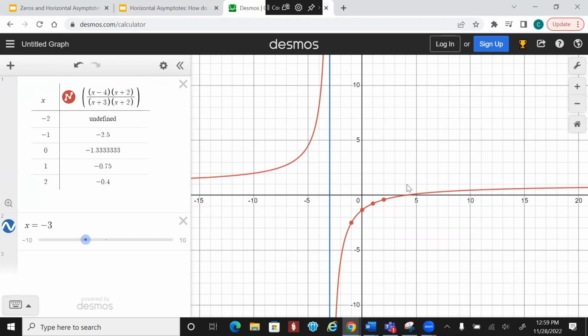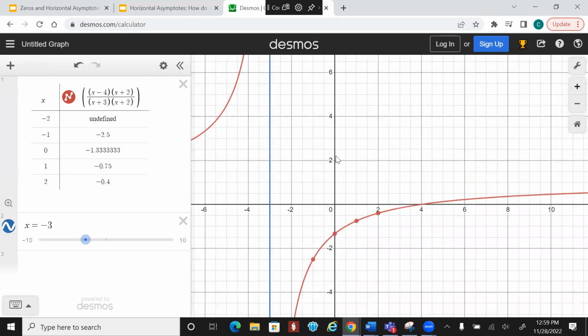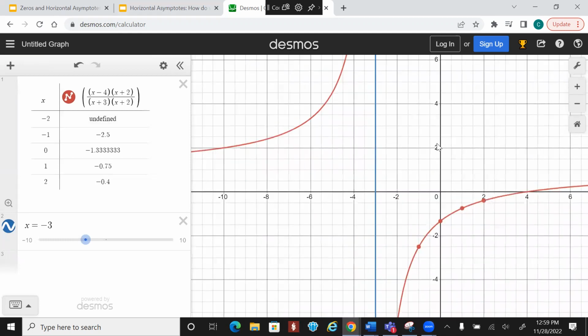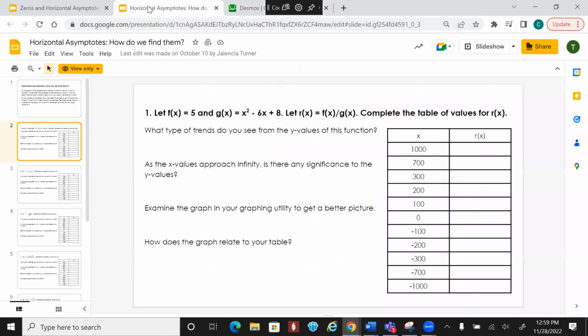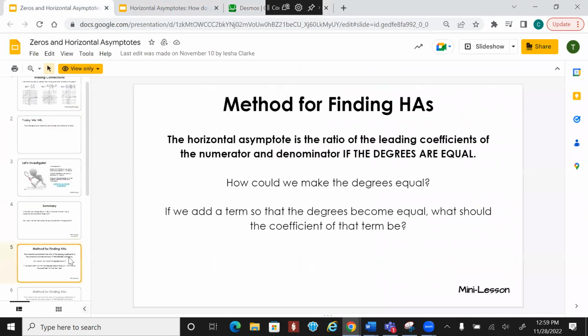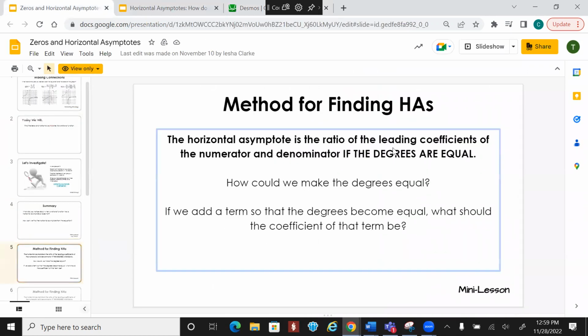So what's the horizontal asymptote? Can anybody tell me? The horizontal, or the vertical. It's 1.